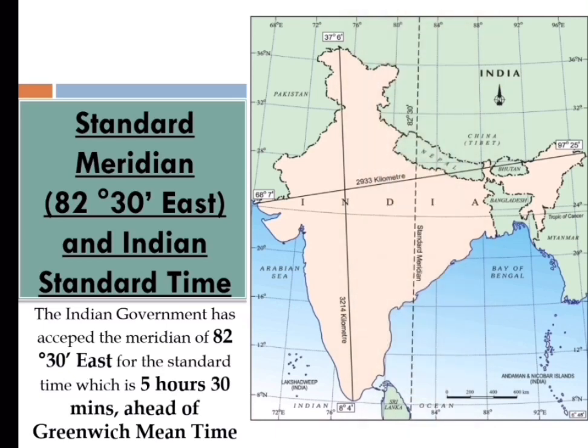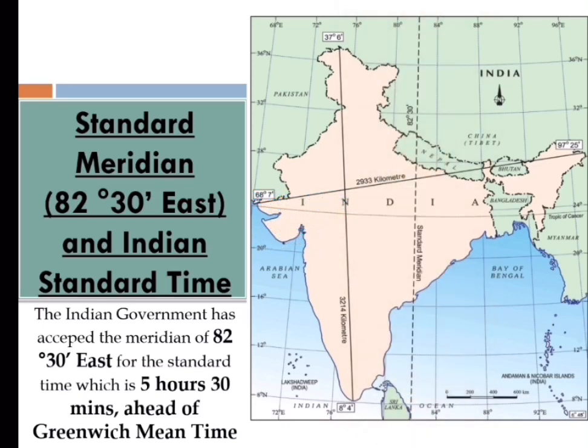The time calculated at the standard meridian from the Greenwich meridian, which is 0 degrees longitude, is considered to be the time for the country, which is accepted universally throughout the country. Now, why do we do that? The universal time acceptance is to avoid any kind of confusion while traveling around the whole country.